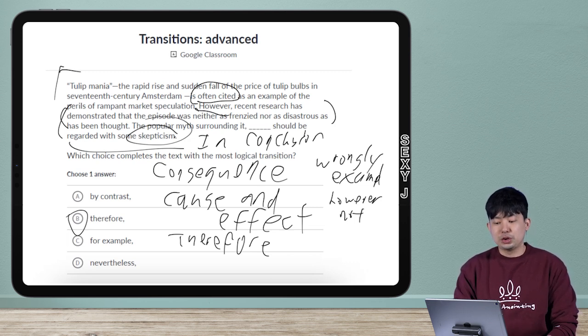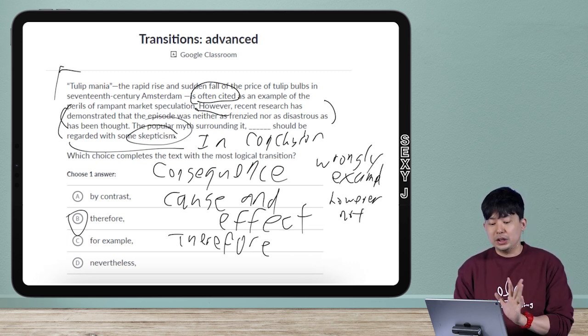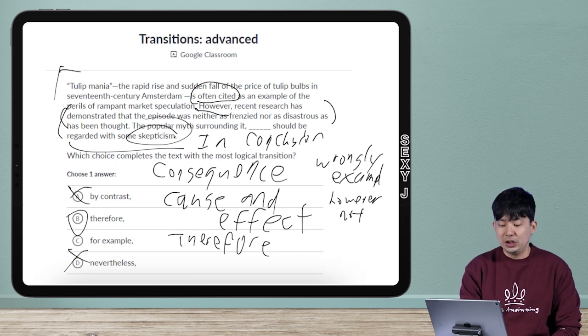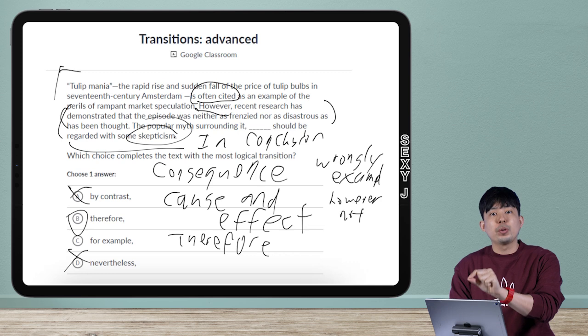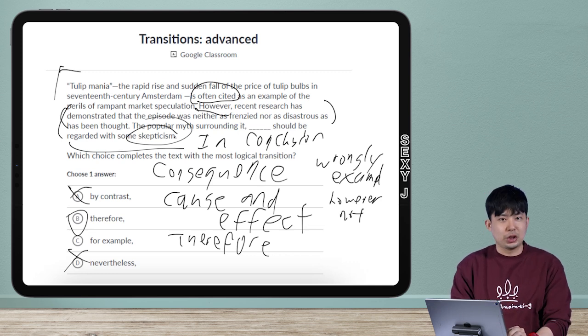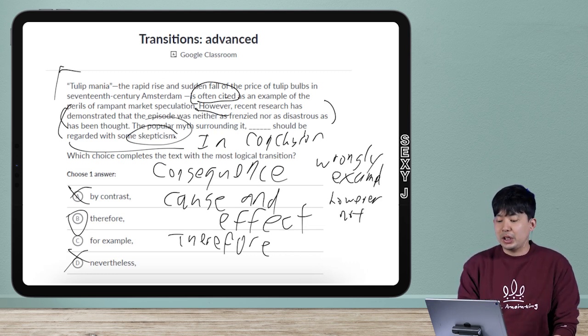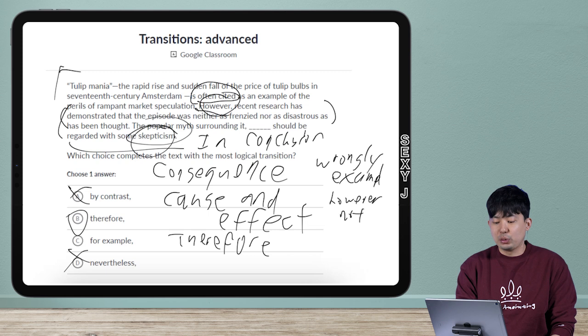So the SAT likes to try to trick you, and the trick answers are A and D here, guys. I'm going to make it clear in the upcoming videos as well, but just because I see contrasting things in the other parts of the text doesn't mean our answer is a contrast. What do I mean by that? Because I have the word however, and I have the word skepticism here.